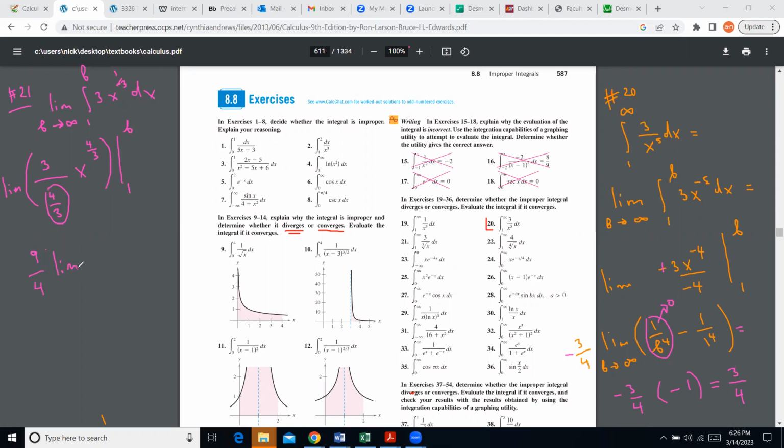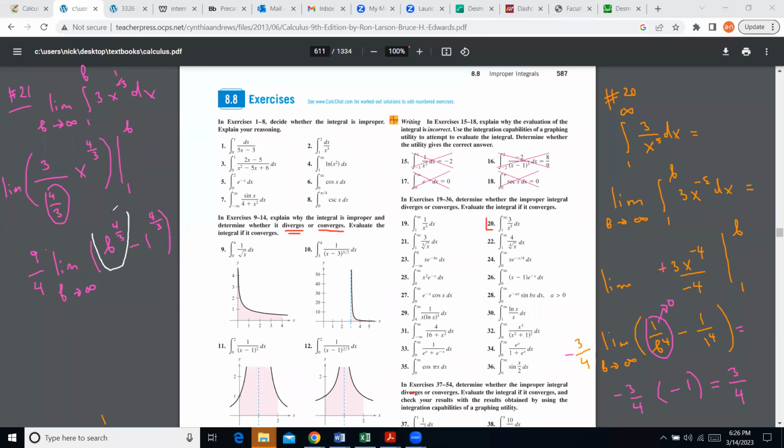And we take this limit of, now I plug in b. So it'd be b to the power of 4/3 minus 1 raised to the power of 4/3. When b is approaching infinity, this goes to infinity, right?